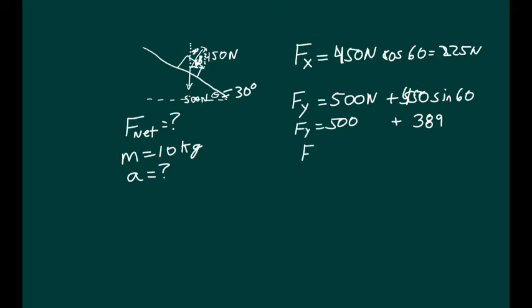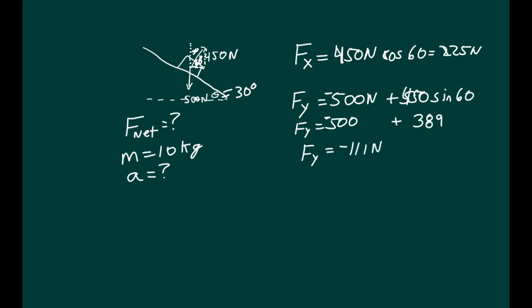So the force in the y direction, actually, I apologize, this should be negative 500. Now that I look at this, right, that's in the y direction. So it's negative 111 newtons.